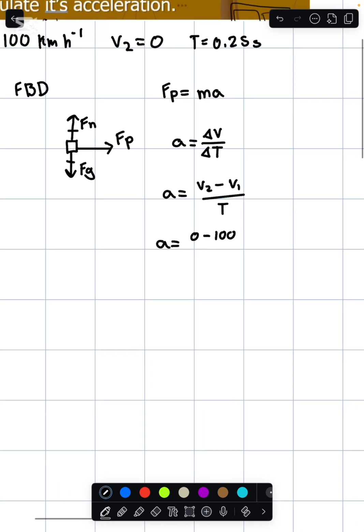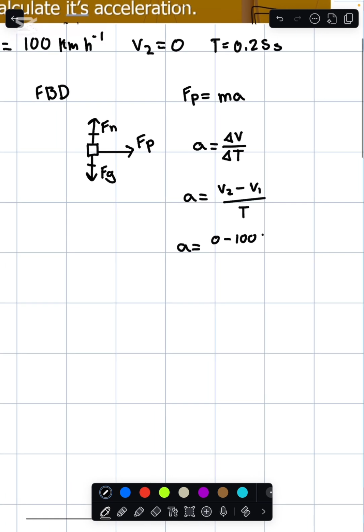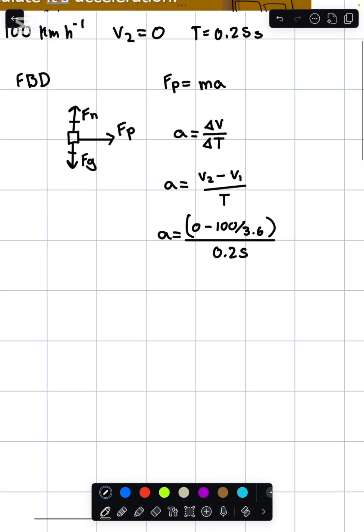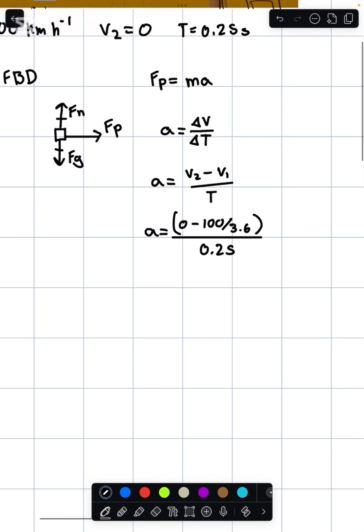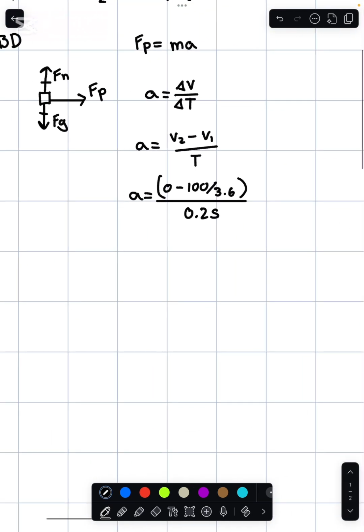Because it's in kilometers per hour and we don't want it in kilometers per hour, we're going to have it divided by 3.6. And then our bottom will just be our time at 0.25 seconds. We can plug this into our calculator, where our 100 divided by 3.6 is going to be equal to 27.77 and so on.